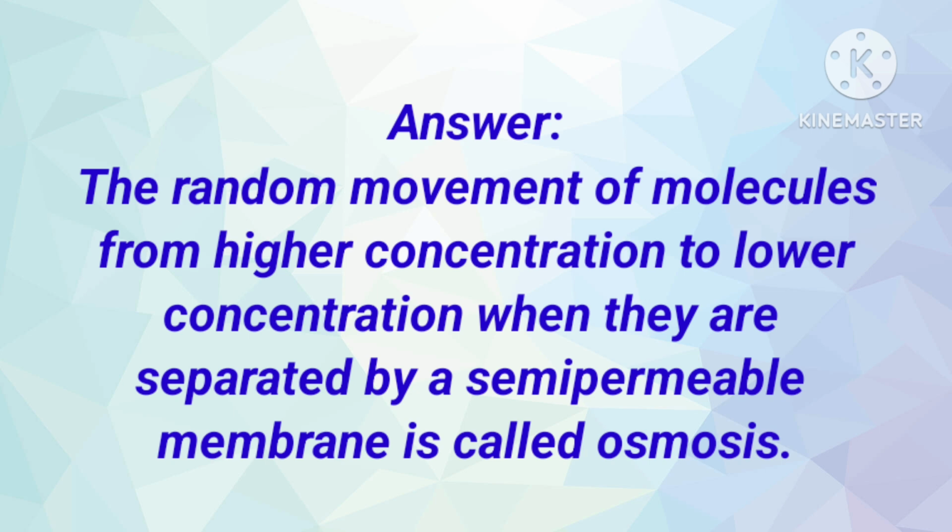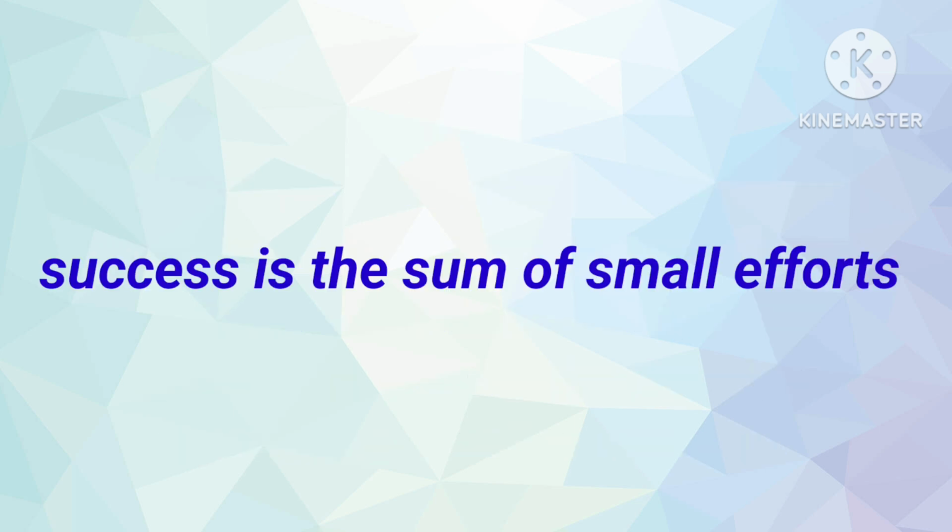A higher number of molecules will move towards the lower number of molecules through the semi-permeable membrane. This whole process is called osmosis. Osmosis means movement from the higher concentration to the lower concentration. If you keep sugar water on one side and plain water on the other, then through the semi-permeable membrane the water will pass from the lower sugar concentration to the higher.